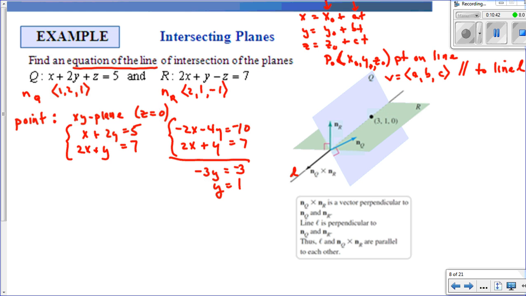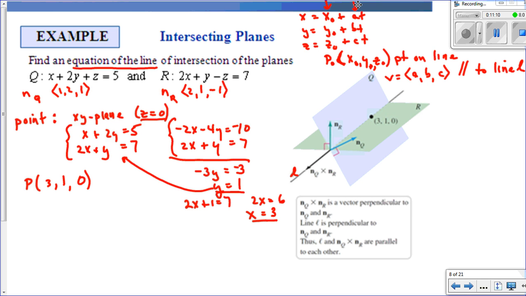Now put your 1 back into either one of the two equations, and you'll have 2x plus 1 equals 7, or 2x equal to 6, so the x is equal to 3. So we had z was 0, y was 1, and x is 3. That gives me a point P on this line L. So that would be 3, 1, 0, x, y, z.